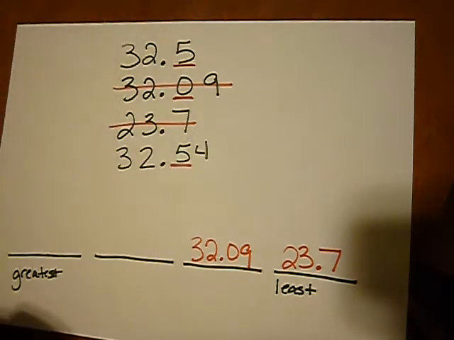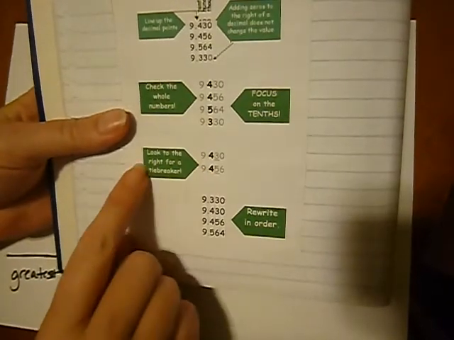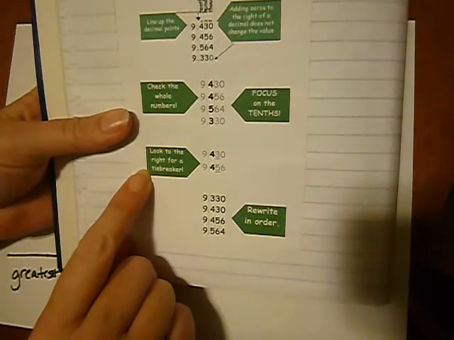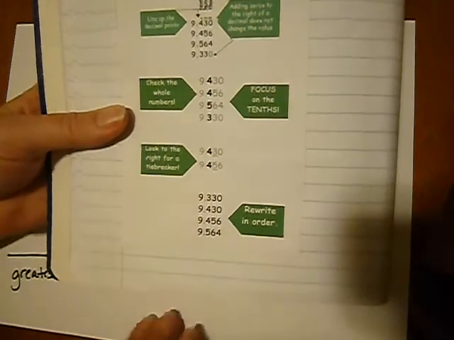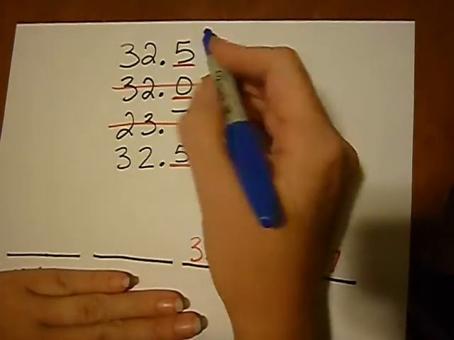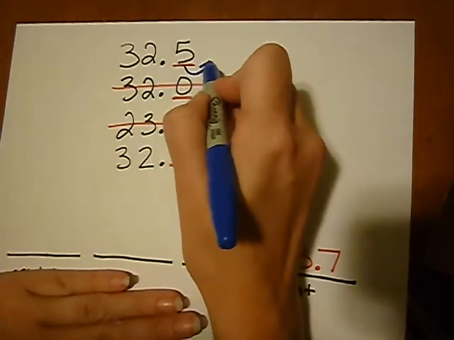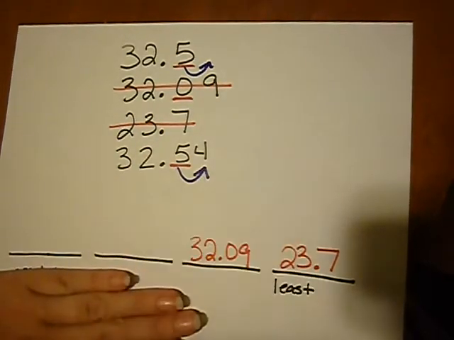So if I consult my notes in my math journal, it says that if they are the same, I need to look to the right for a tiebreaker. So I need to go next door to the hundredths place. So I check, and this first one has 5/10 and nothing. This one has 5/10 and something.